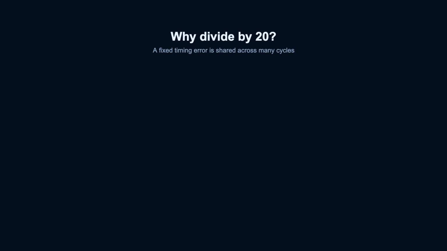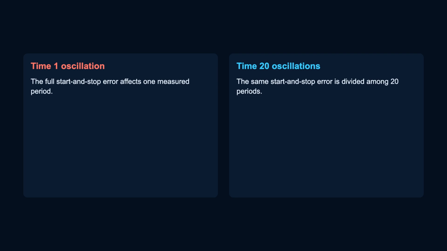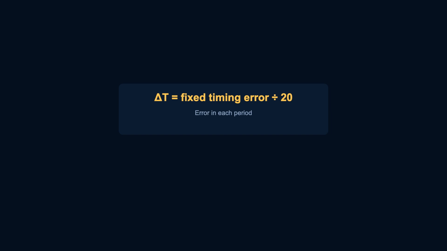So, why does dividing by 20 actually help? The fixed error from your reaction time stays the same size, no matter how long you time for. Spread that same fixed error over 20 oscillations instead of one, and the error in each individual period shrinks to a small fraction of a second.